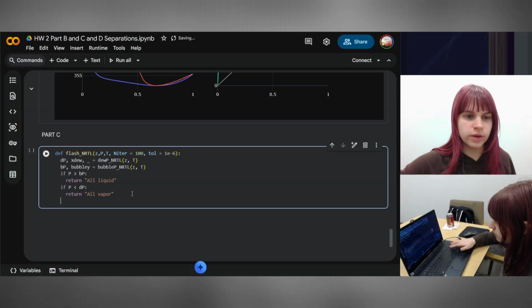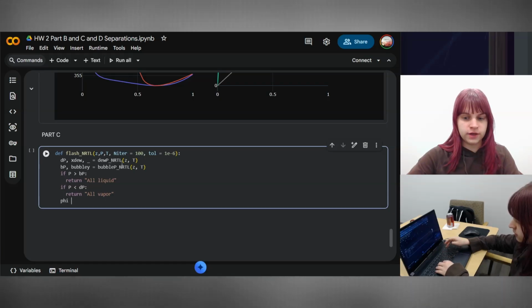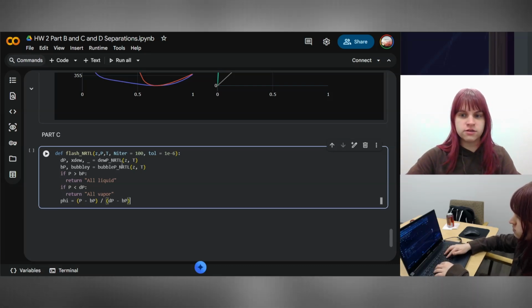So we want to start off with our guess for phi. We're going to set phi equal to the system pressure minus the bubble pressure divided by the dew pressure minus the bubble pressure. And that will give us our kind of interpolated guess for phi.